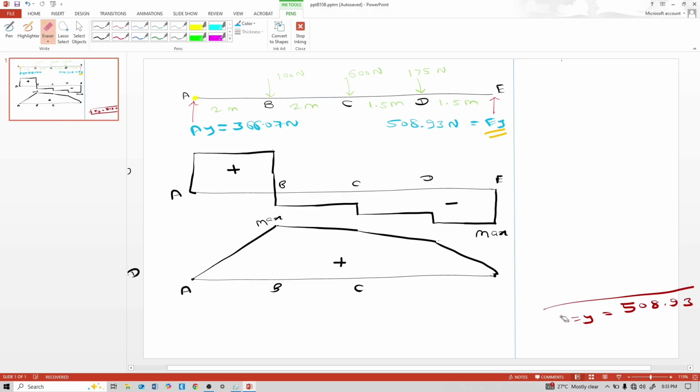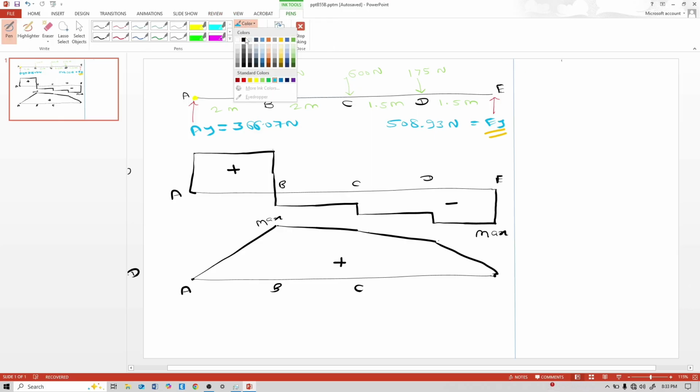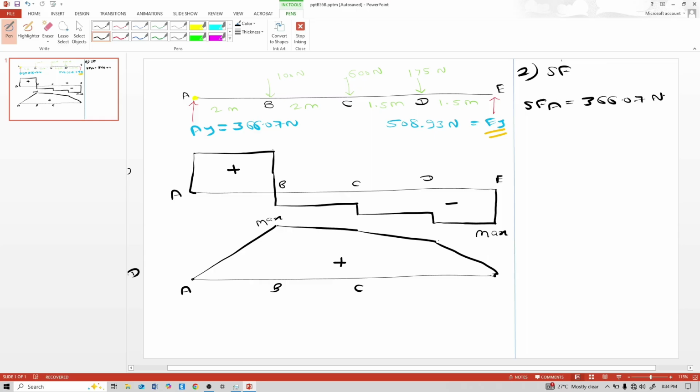Now the second step is to calculate shear force. So shear force at A is equal to this AY reaction, 366.07 Newton.